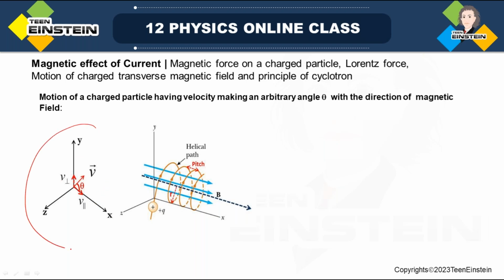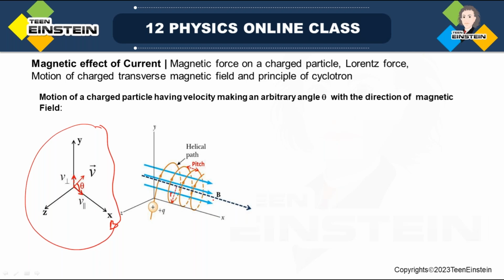Suppose in this figure, the magnetic field is acting along the x direction, and the charged particle enters the region of magnetic field making an angle, see, the velocity vector of the charged particle is making an angle theta with the magnetic field direction.